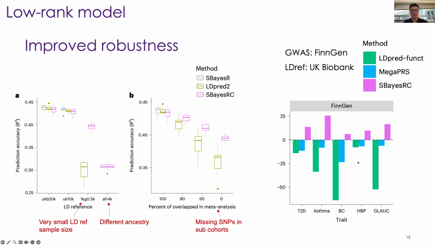As a result, the other methods tend to have decreased prediction accuracy, whereas we are still able to improve to some extent for different traits. So we think this is all thanks to the low-rank modeling, because removing the small eigenvalues makes the models more robust to the LD variation between samples.